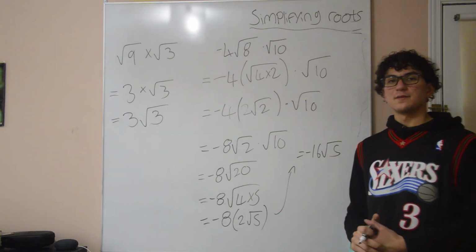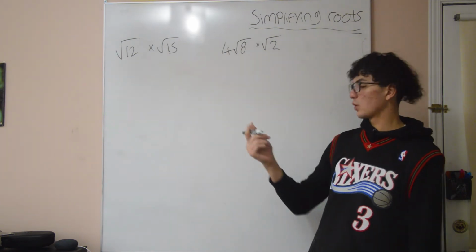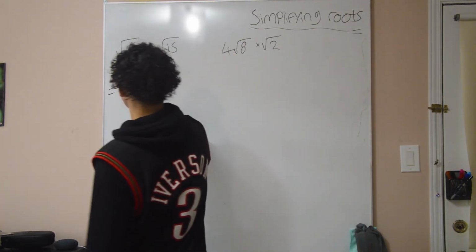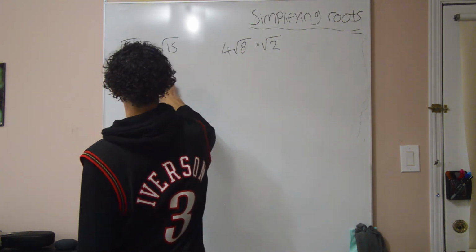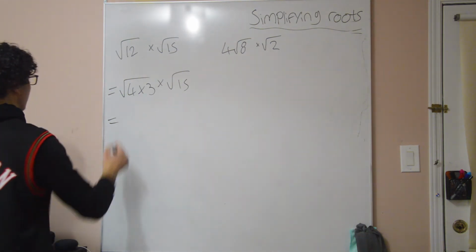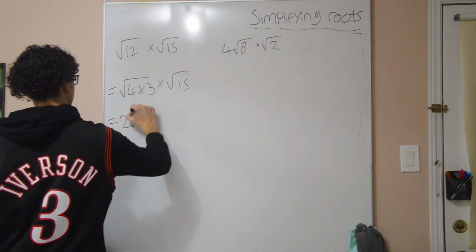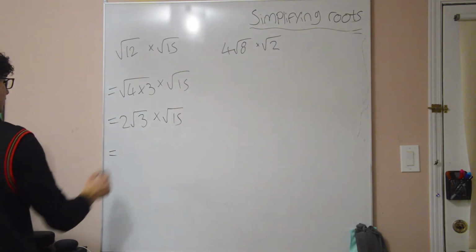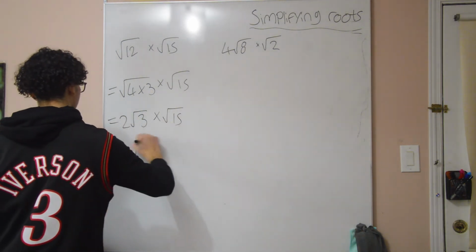Couple more examples. Okay, our last two is root 12 times root 15, which we can write as root of 4 times 3 times root 15, right? And then if we take the 4 out, it becomes 2 root 3 times 15. Now from here, we multiply what's on inside.